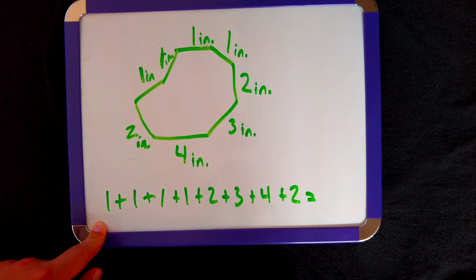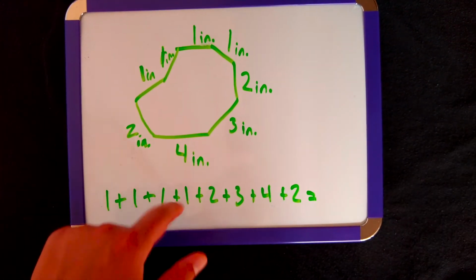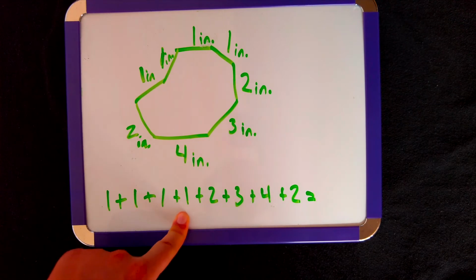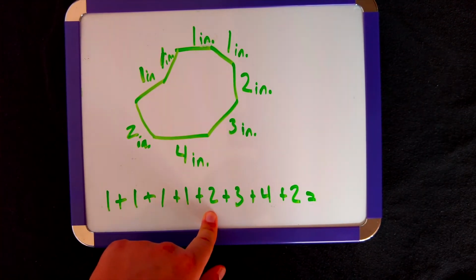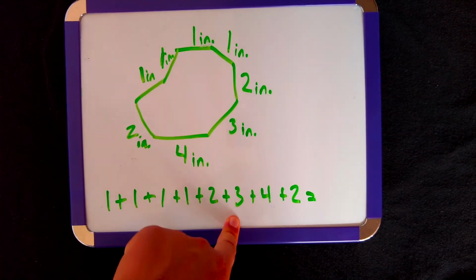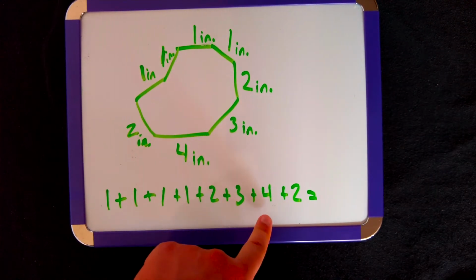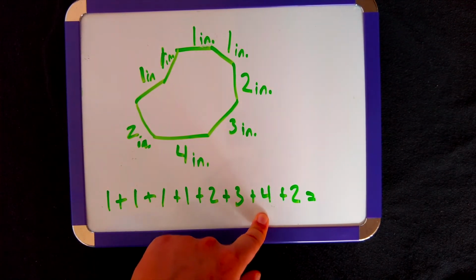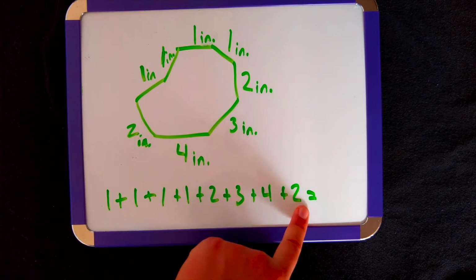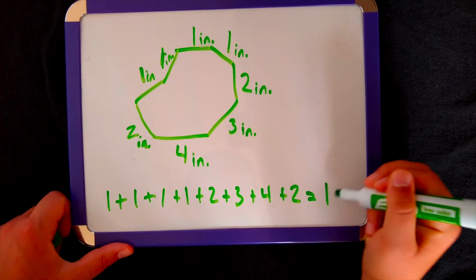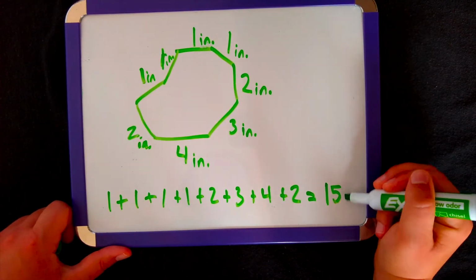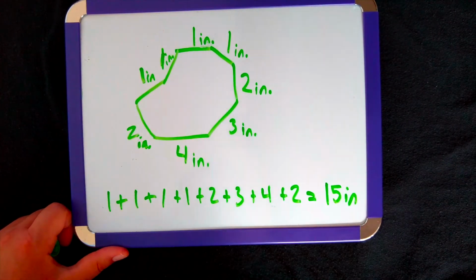So, what's 1 plus 1 plus 1 plus 1? That's 4. Plus 2 is 6, plus 3 is 9, plus 4 is 13, plus 2 is 15. And so, this octagon's perimeter is 15 inches.